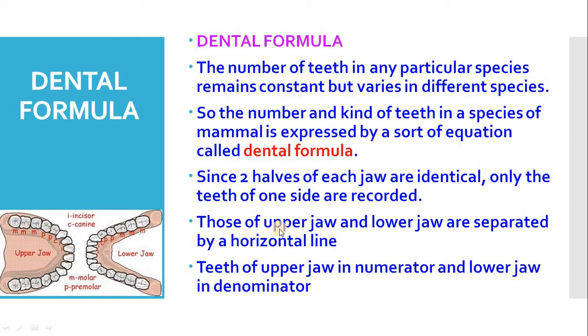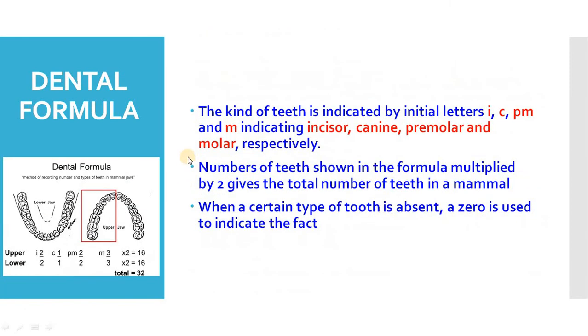Those of the upper jaw and lower jaw are separated by a horizontal line. The teeth of the upper jaw are in the numerator and the lower jaw in the denominator. You can see here.